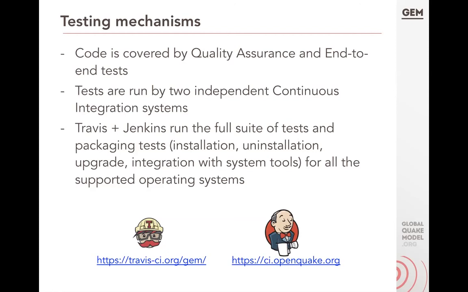They're triggered automatically, and then if any of these tests fail, the new changes cannot be merged into the master version of the OpenQuake engine. So only when all of these tests pass, new changes can be merged into the OpenQuake engine code base. So it's run through what is called a continuous integration system.